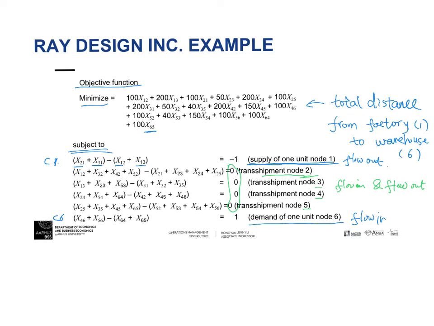So the shortest path problem is basically rather complicated if you look into all these constraints. One hint for you is to always consider the net flow for each node. So all the constraints calculate the net flow.